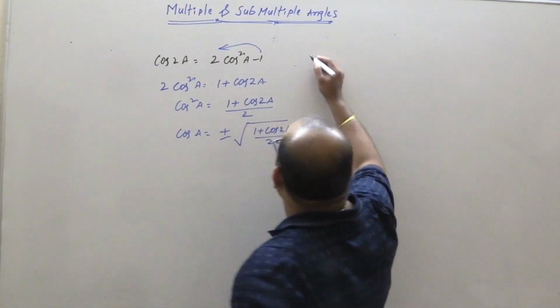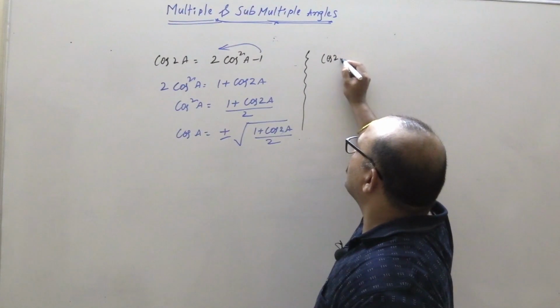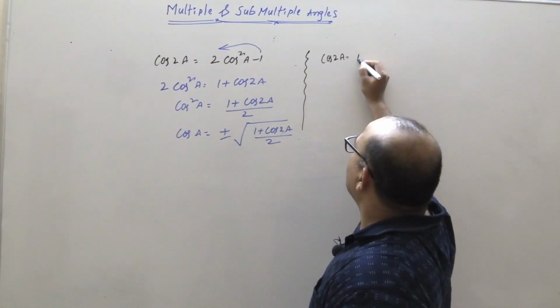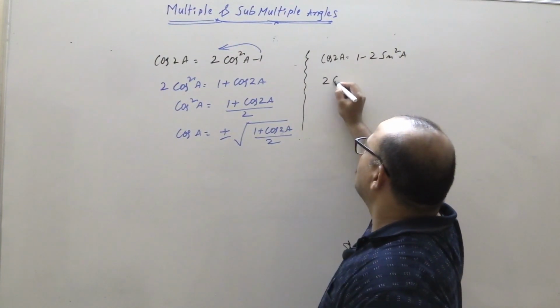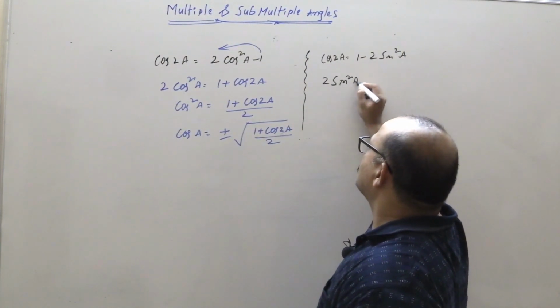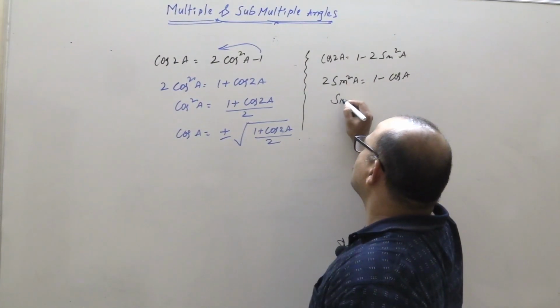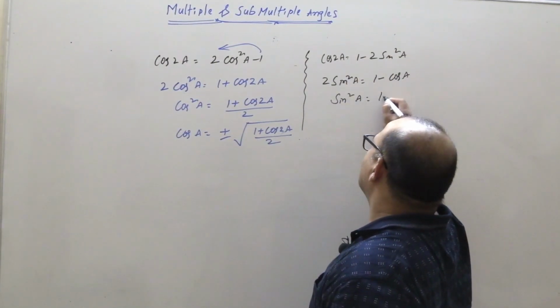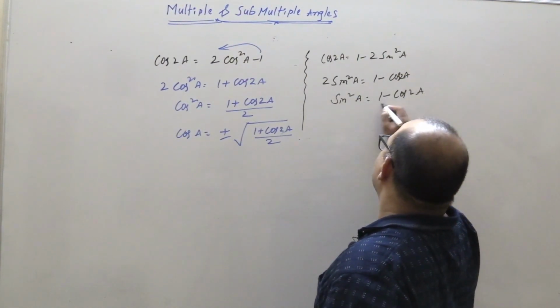Next, again in terms of sine, students: cos 2a is 1 minus 2 sine square a. Bringing sine square to this side, 2 sine square a is 1 minus cos 2a. Now sine square a is equal to 1 minus cos 2a by 2.